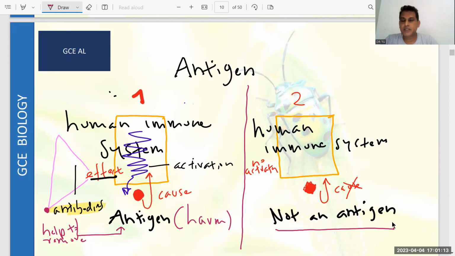If both match, then the immune system activates. Activation is a big process, but part of it is that these kinds of molecules produce antibodies. Antibodies help to remove this antigen which is harmful to the body.